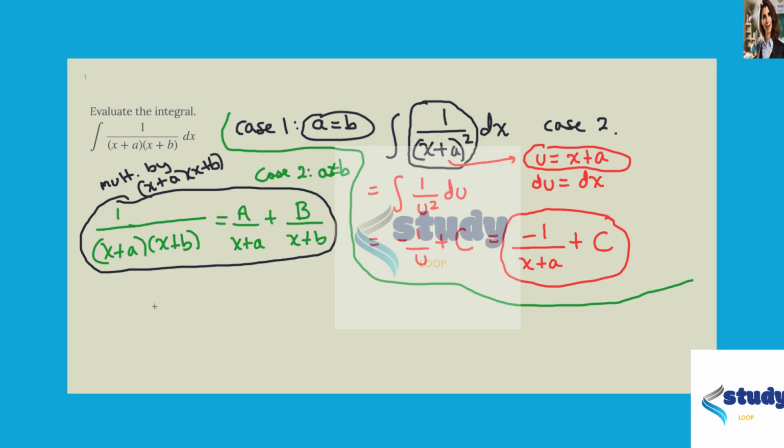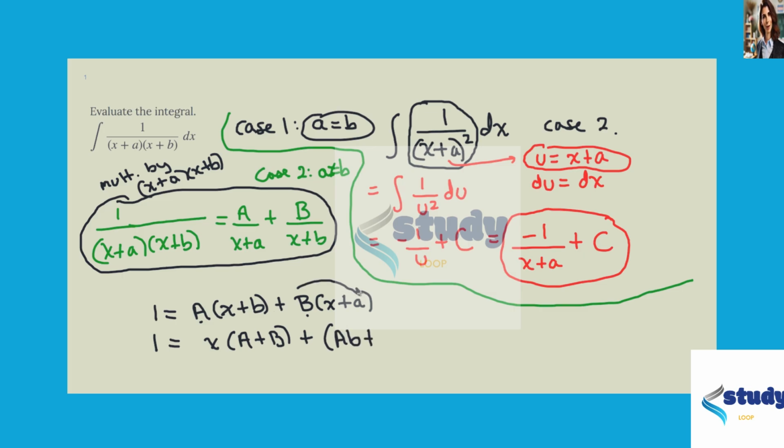Go ahead and multiply both sides by that, and we should get 1 on the left, capital A times x plus little b, plus capital B times x plus little a on the right. Let's factor out an x on the right-hand side. We have capital A plus capital B. And then the constant term is capital A times small b plus capital B times small a.